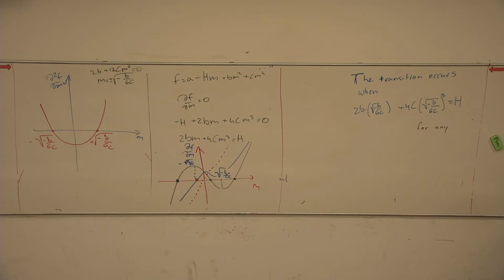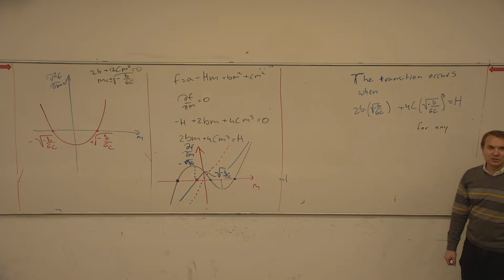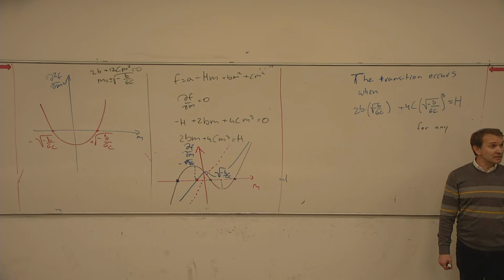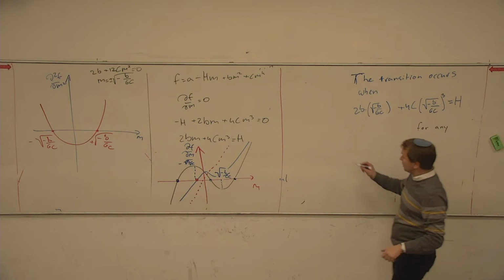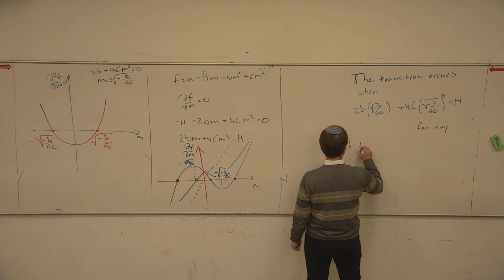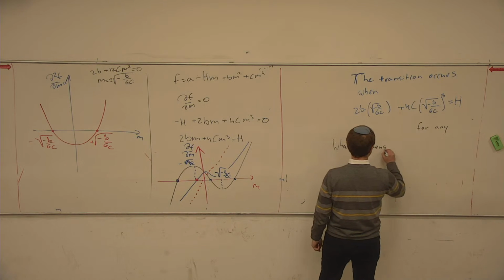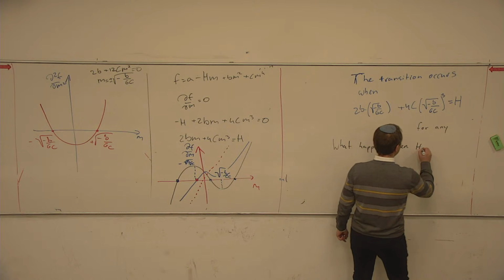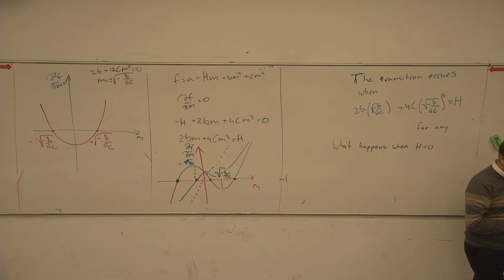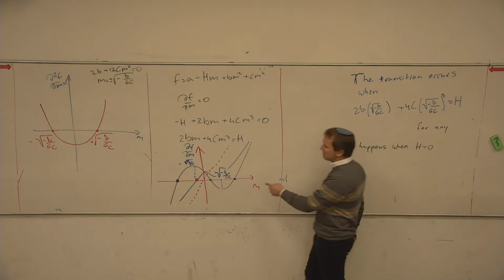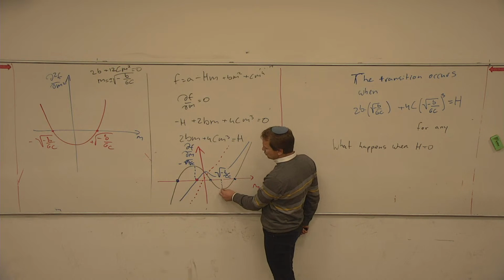Now, what was the most interesting point that we looked at previously? What happens when h equals 0? There is indeed some specific transition. Whether there is a minima or no minima is going to depend on this.